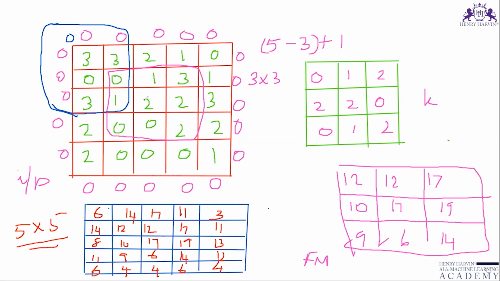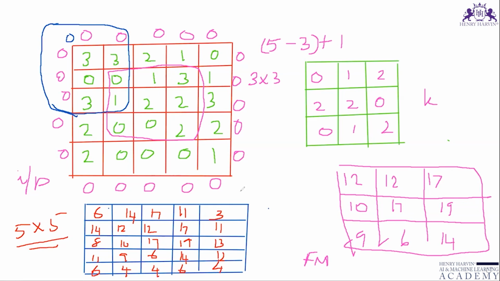The center operations, 10, 17, 19, remain the same. So the center thing is there, and here also we are not losing any information. That is the beauty of it.